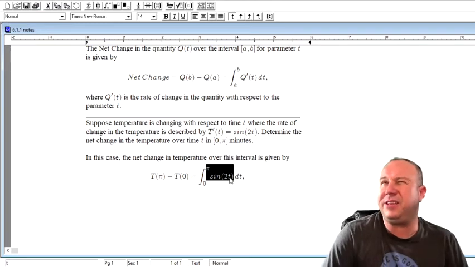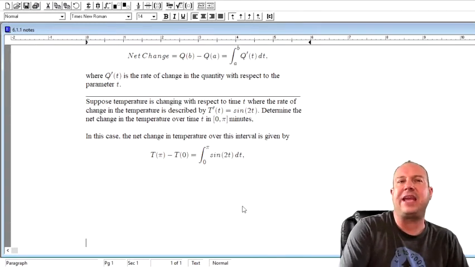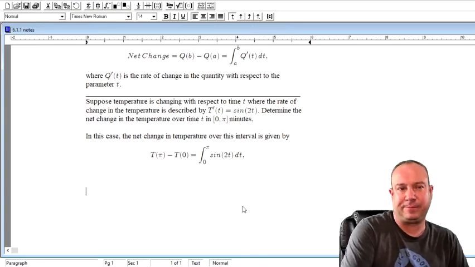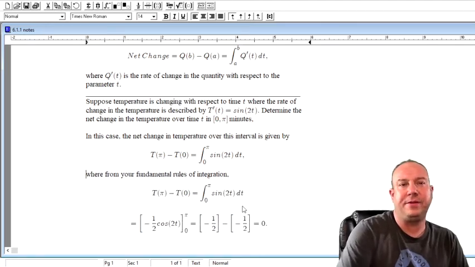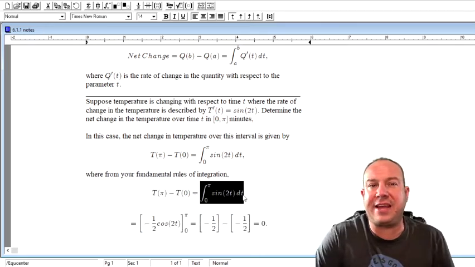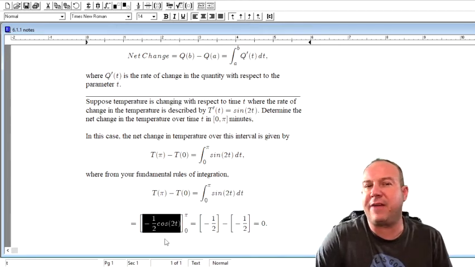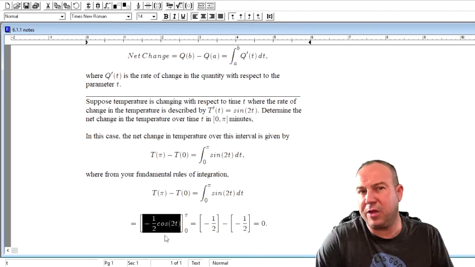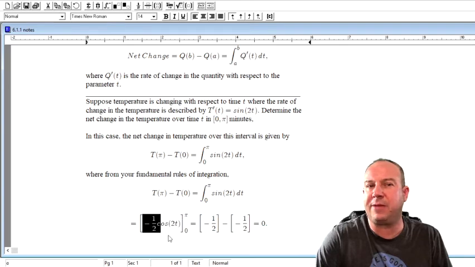Sine of 2t, there's an antiderivative rule that says that's equivalent to, I believe, negative 1/2 cosine 2t. From the fundamental rules of integration, we should note that the antiderivative of the sine of 2t is negative 1/2 cosine 2t. If I now evaluate that at pi, cosine of 2 pi is 1, so 1 times negative 1/2 is negative 1/2.